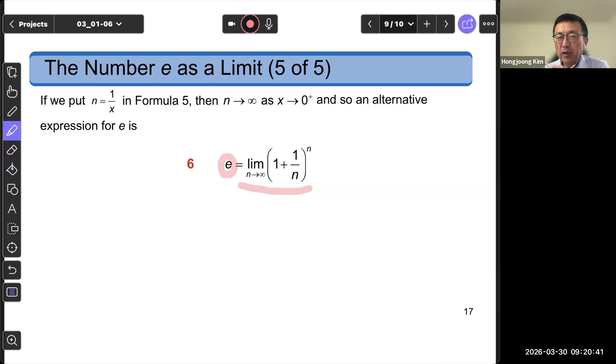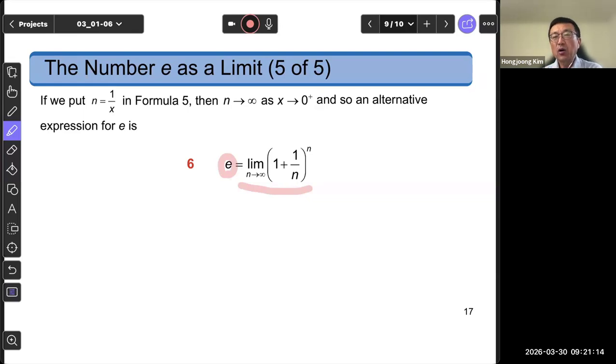And at some point, the slope of the tangent line will be 1, and we selected the corresponding b as the e value. In other words, e is chosen so that the exponential function with base e has the tangent line with slope 1 at 0. That's how we define e.